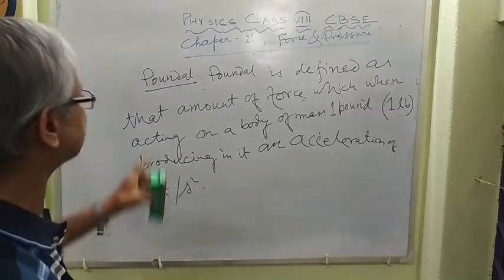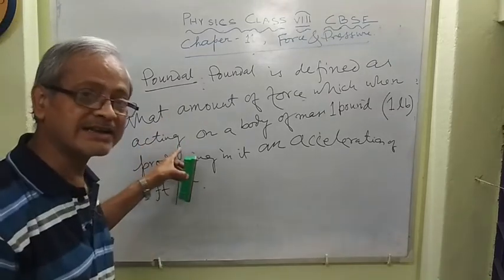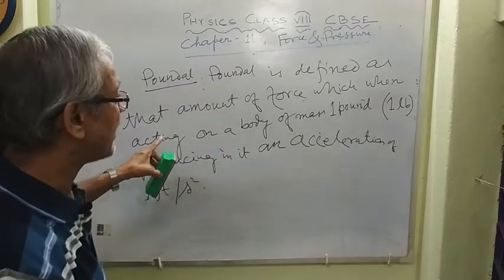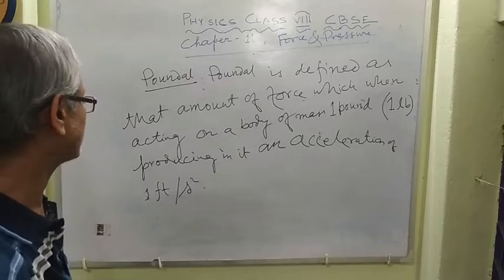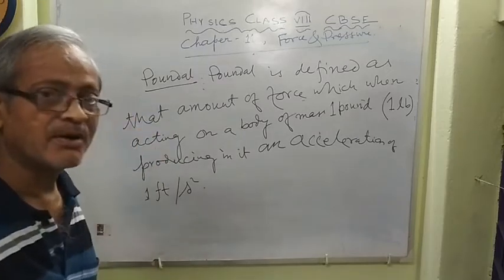Poundal is defined as that amount of force which, when acting on a body of mass 1 pound, not 1 gram, written as 1 lb, lb being the symbol of pound, produces in it an acceleration of 1 foot per second square, ft being foot. This is the definition of poundal.